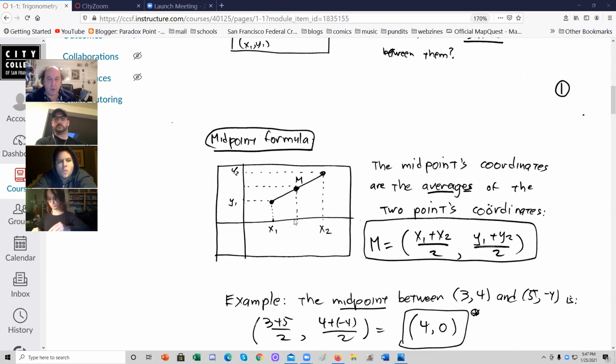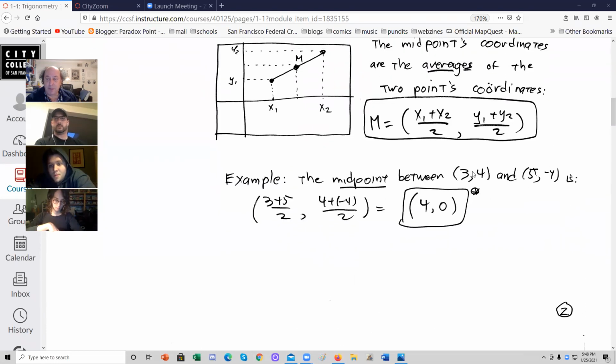Then M has x and y coordinates that are midway between the x and y coordinates for these other points. So its coordinates are the averages of the 2 points' coordinates. If this is x1 and this is x2, their average is their sum over 2, x1 plus x2 over 2. The midpoint between y1 and y2 is their sum over 2, y1 plus y2 over 2. So you can think of M as the average of the other 2 points.